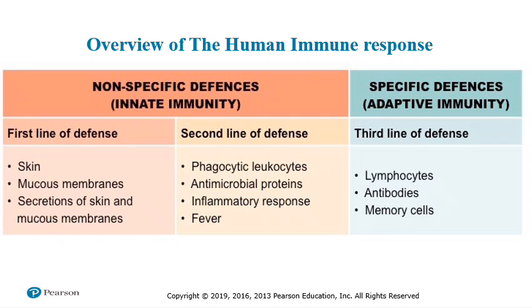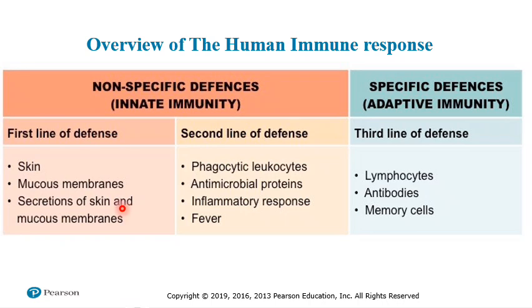And your innate immunity is divided again into two segments. Your first line of defense, which will be your skin, and we know that you have also the mucous membranes, the secretions of the skin and the mucous membrane.